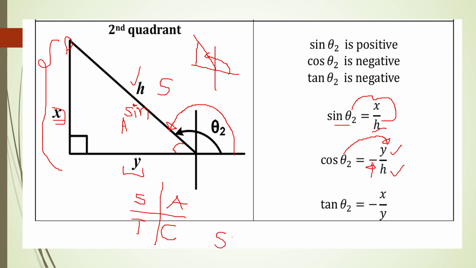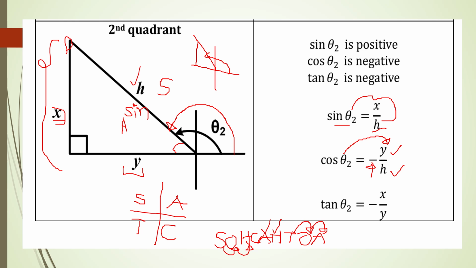y being your adjacent, h being your hypotenuse. I've said it, you must always remember SOHCAHTOA, showing you that cos is the same as adjacent divided by hypotenuse, tan is the same as opposite divided by adjacent, and sine is the same as opposite divided by hypotenuse.